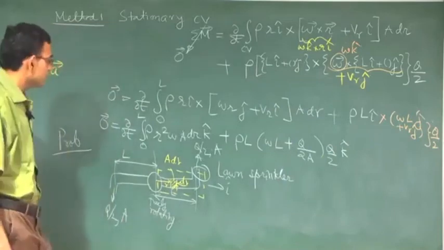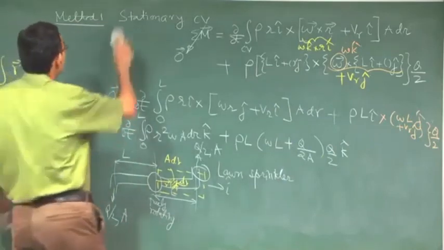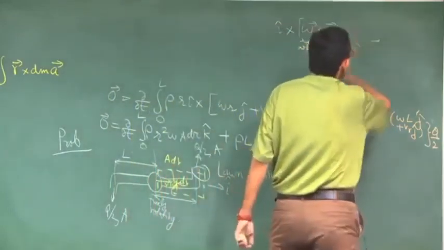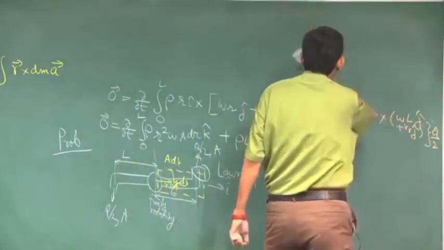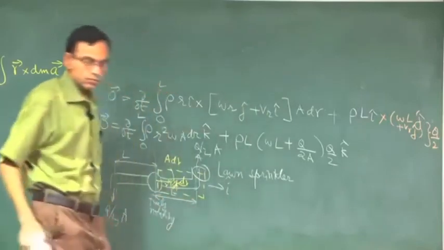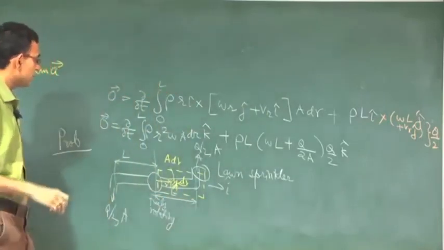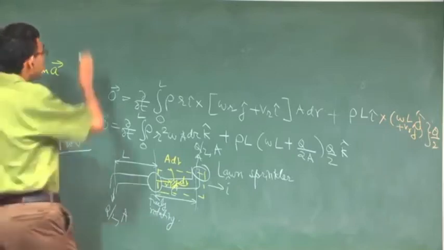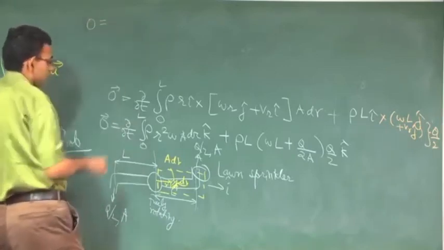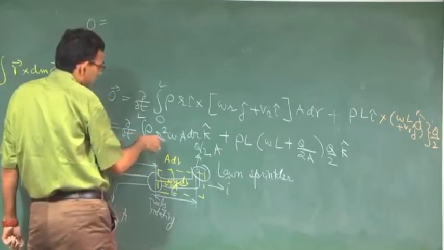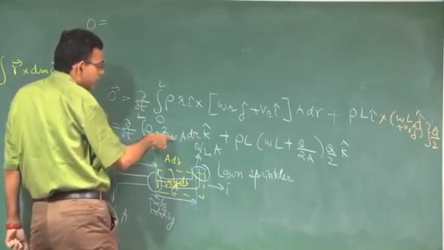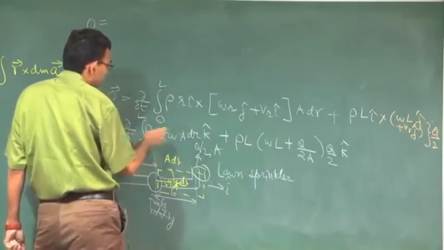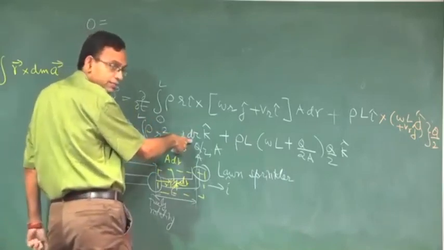So you are left with a differential equation which is 0. Here what changes with time? Only omega, right, and r square dr 0 to L is L cube by 3.